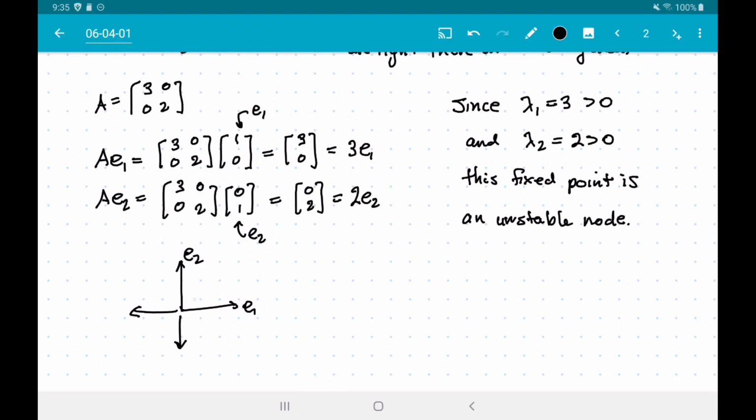So that should give solutions that look something like this. Okay. So there we go. That's what we expect around 0, 0.